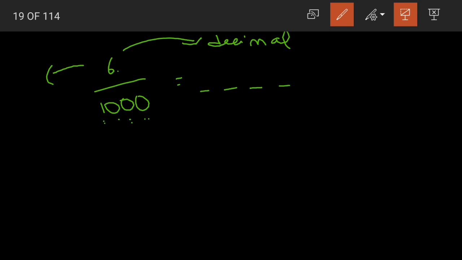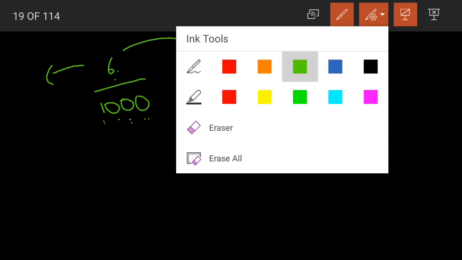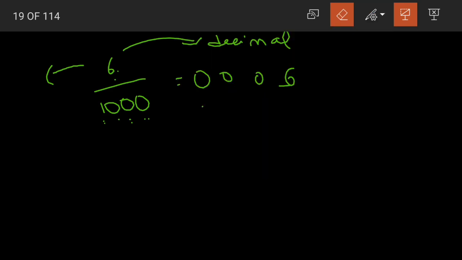How will we make it? First the numerator 6 will be written here, and for the remaining places to the left side, always remember to write zeros to the left side of the whole number. So the remaining places on the left will be filled by our zeros. Now the next step is to count the number of zeros in our denominator, that is 1000.